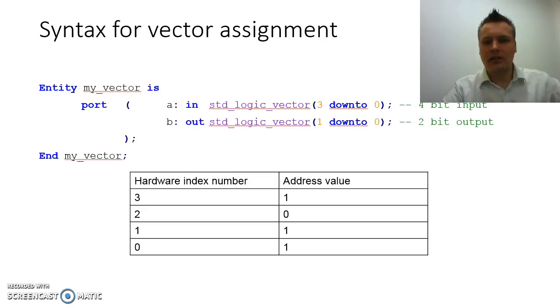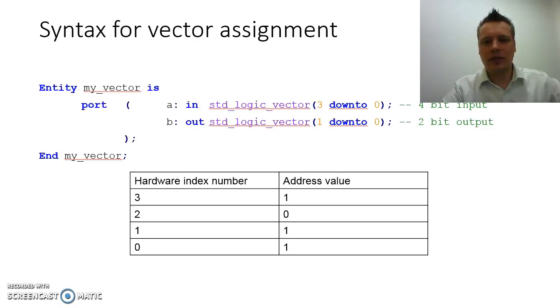Hence, the hardware index number in this case goes from 0 to 3 as well. If you put numbers on the addresses, then, for example, address 3 has the value 1, address 2 has 0, and so forth. From a hardware perspective, this is what should be flowing on the chip.